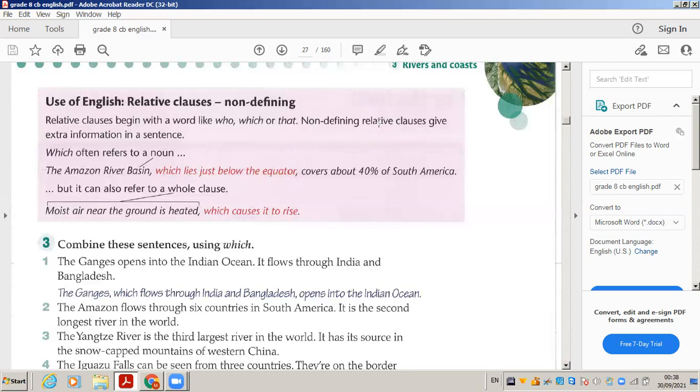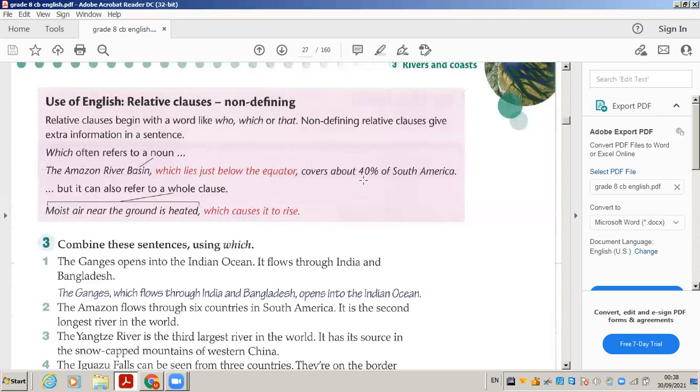Which often refers to a noun. For example, the Amazon River basin, which lies just below the equator, covers about 40% of South America.